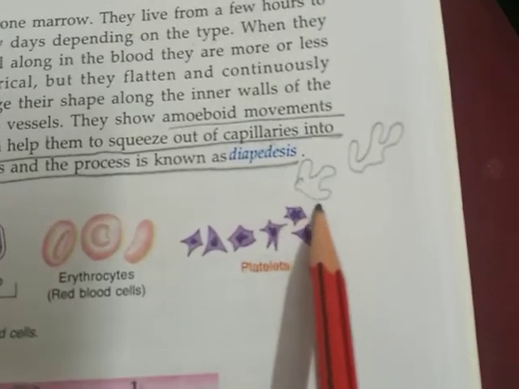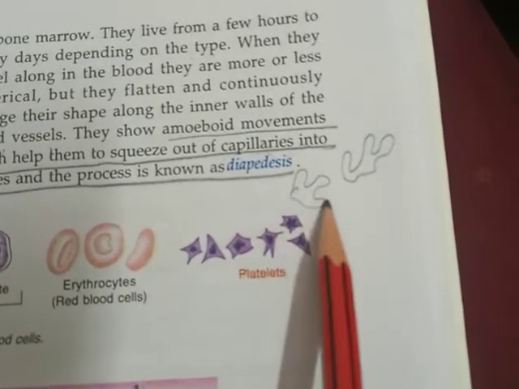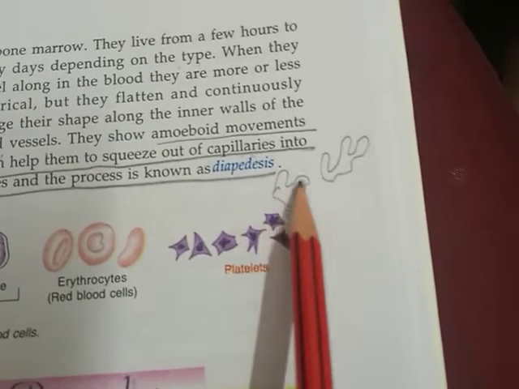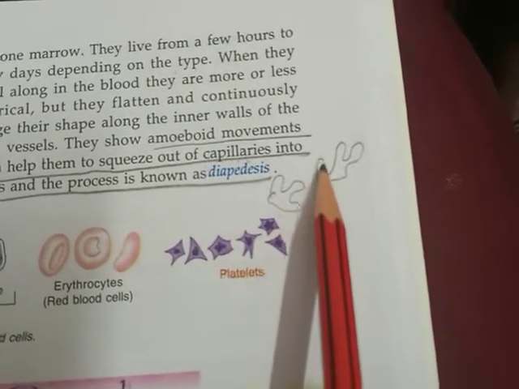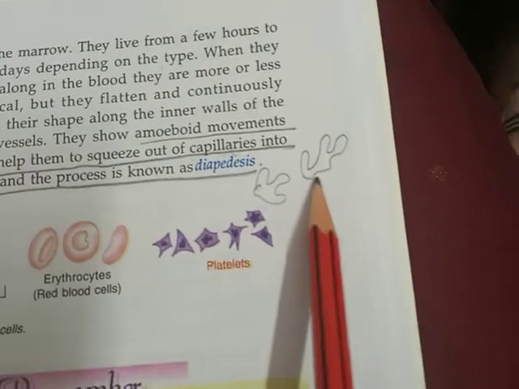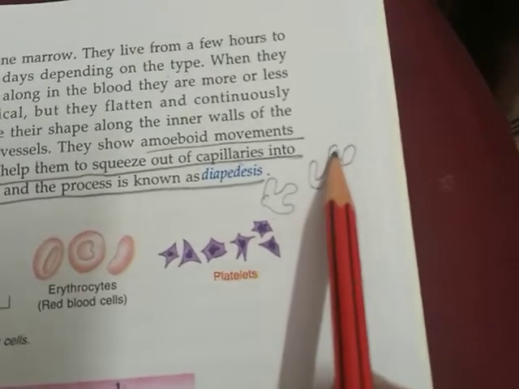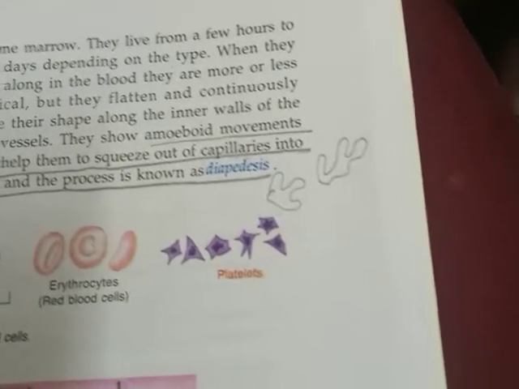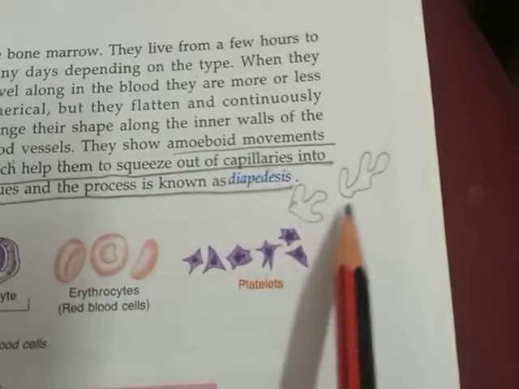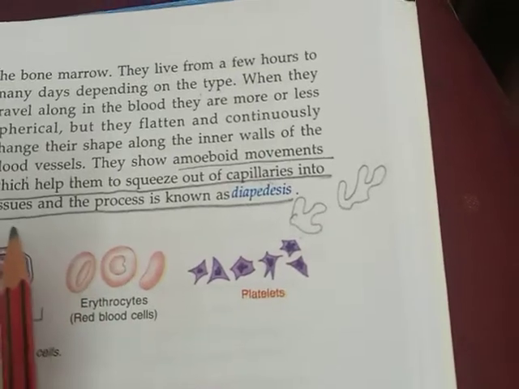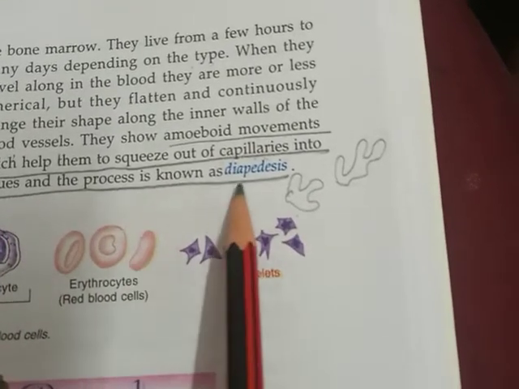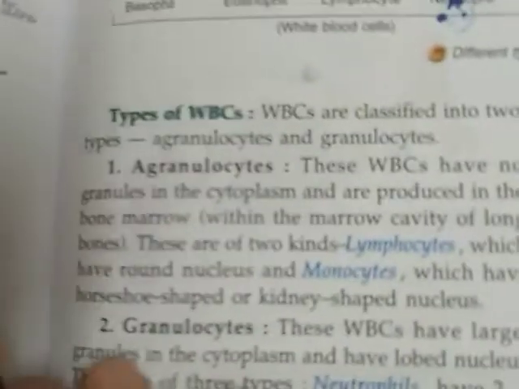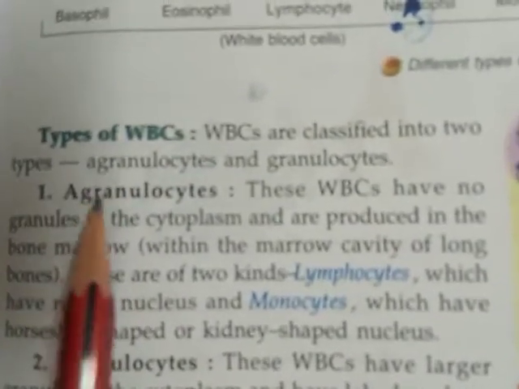See, this is amoeba, and the shape of the white blood cells is just like that. During its movement, it continuously changes shape, and this change of shape helps them to squeeze out, to come out of the capillaries into the body tissues, and this process is known as diapedesis. Now we will see the different types of WBCs.